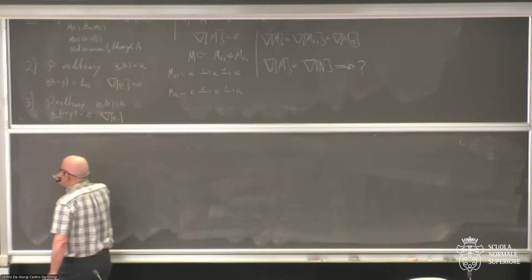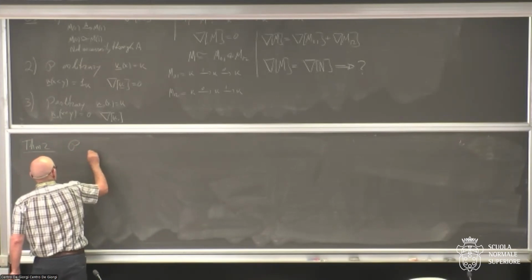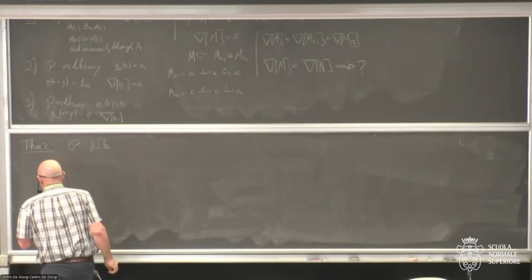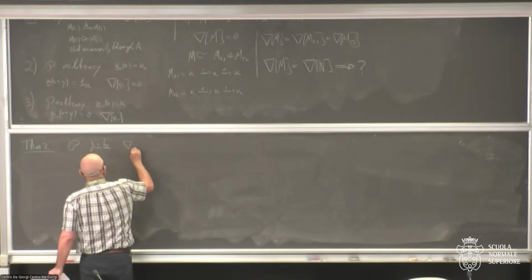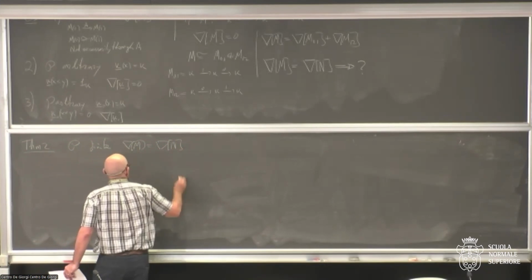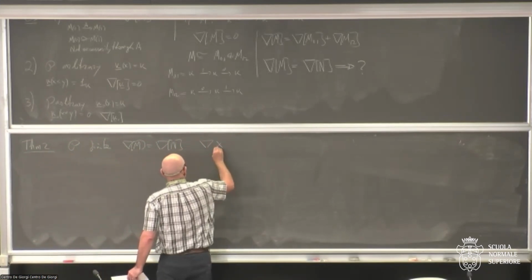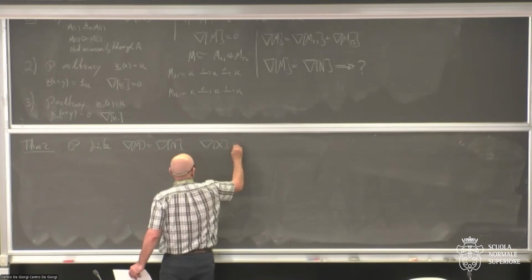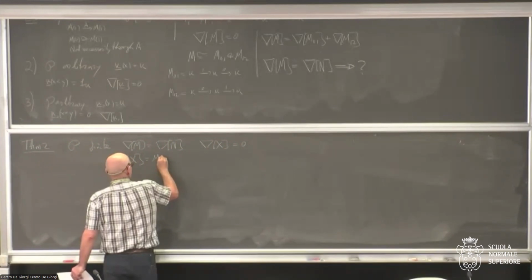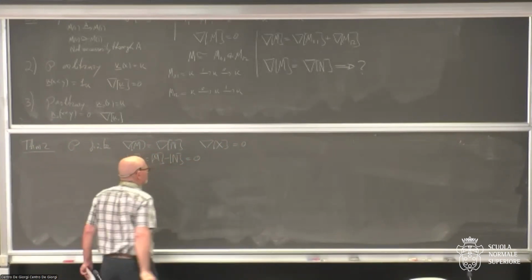So this is Theorem 2. P is finite, and nabla M equals nabla N. So nabla of X, where X is M minus N, is equal to 0.